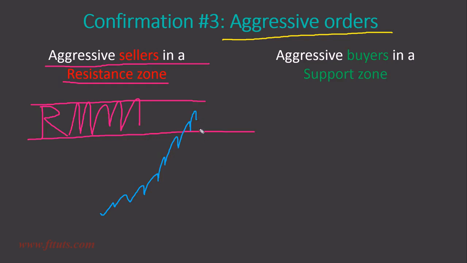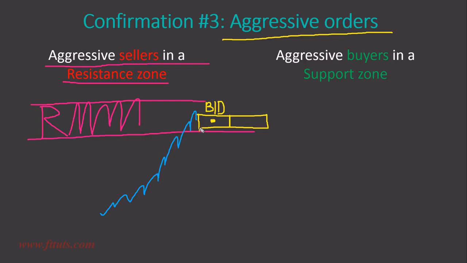And aggressive sellers, if you look at a footprint, this is one cell of a footprint, those aggressive sellers will show on the bid in here. So you want to see sellers jumping in.